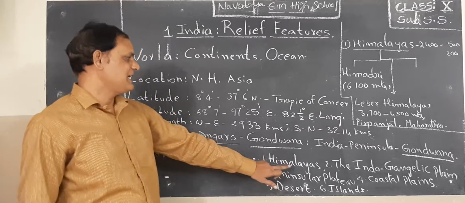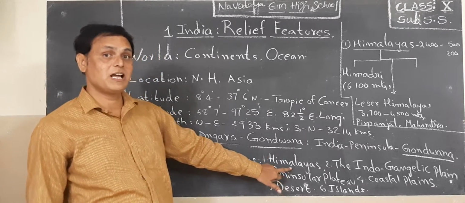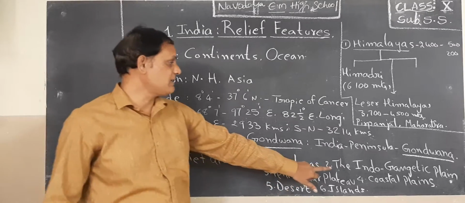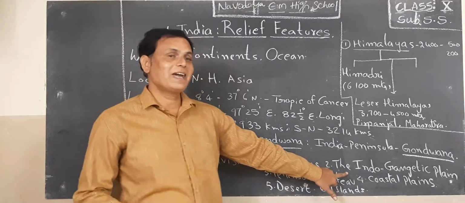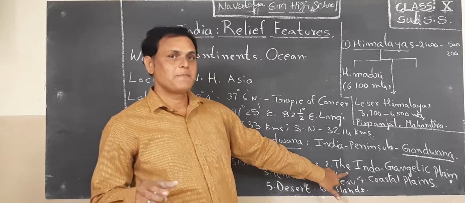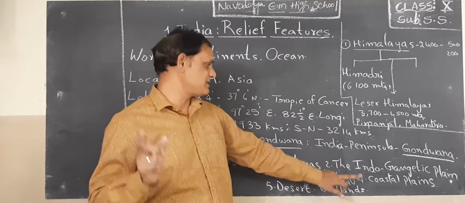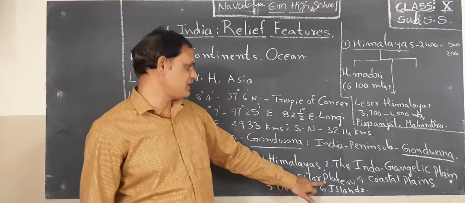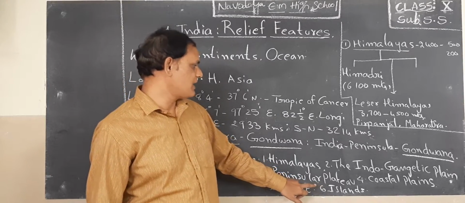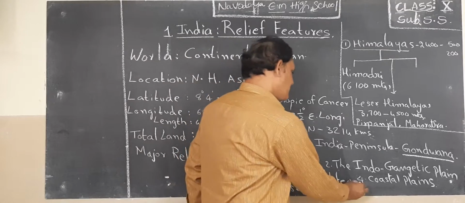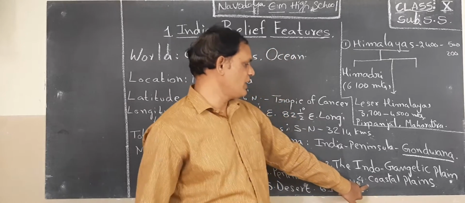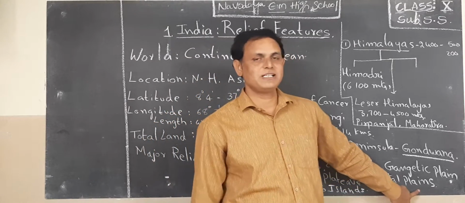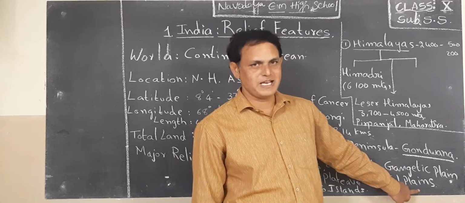First one is Himalayas. Second one is the Indo-Gangetic Plains. Third one is Peninsular Plateau, children. Fourth one, Coastal Plains.